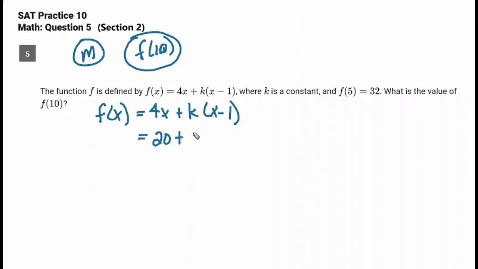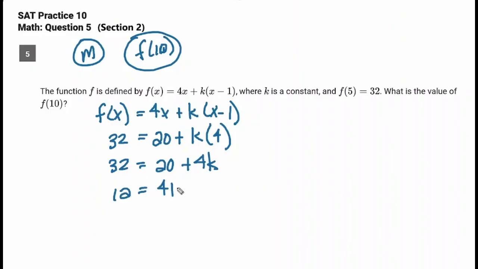Plus k, we don't know what that is, times 5 minus 1, that's 4. All right, what's that supposed to equal? 32. So we got simple algebra here. 20 plus 4k equals 32. We're going to move the 20 across. It's going to change signs. 12 equals 4k. We're going to divide both sides by 4. So what's k? K is 3.